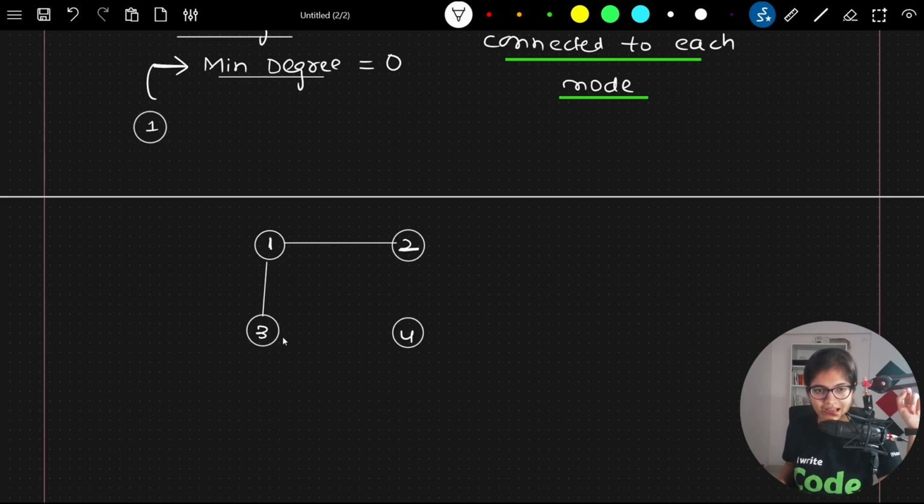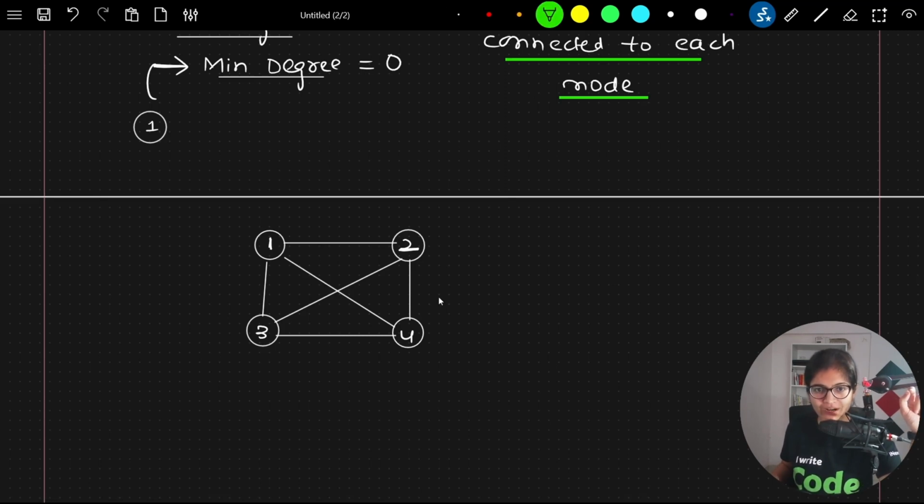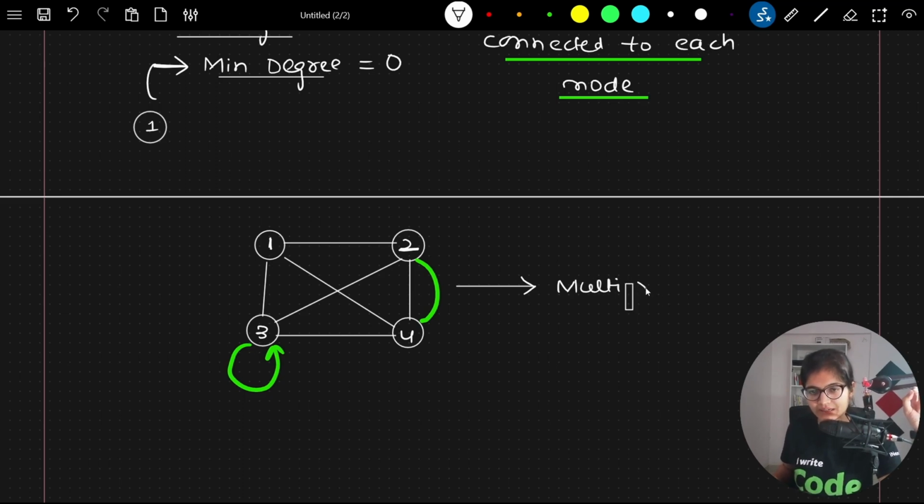This is the graph we were talking about, and it has the maximum degree with respect to a simple graph. If I add one more edge on top of that, anywhere, like this or maybe like this, then this becomes what is called a multi-graph.